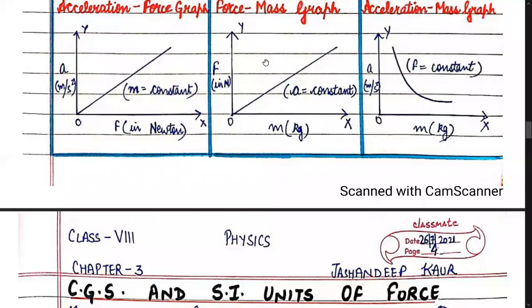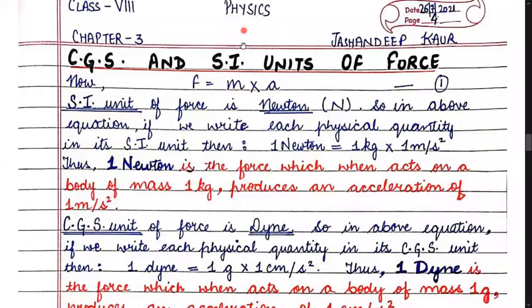So now let us study the units of force. The standard international unit of force is Newton. Force is measured in Newton, and 1 Newton is 1 kg mass and 1 meter per second square acceleration.